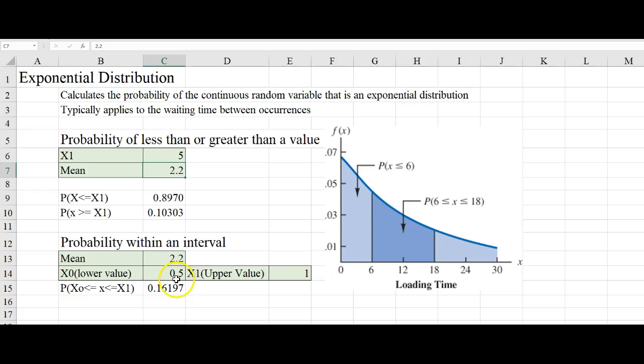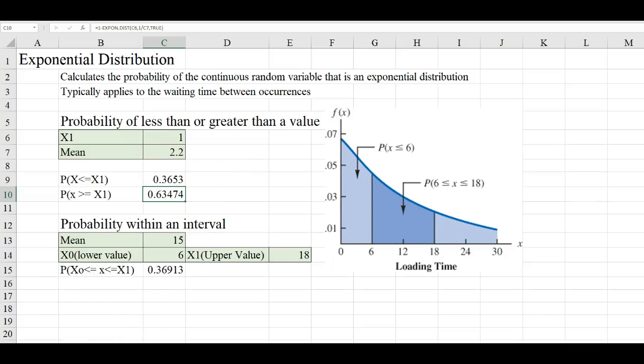So you would use 0.5 to maintain the proper units. And the upper value would be 1, which would give you a probability of 0.16197, rounded to 4 decimal places. That's going to be 0.1620.